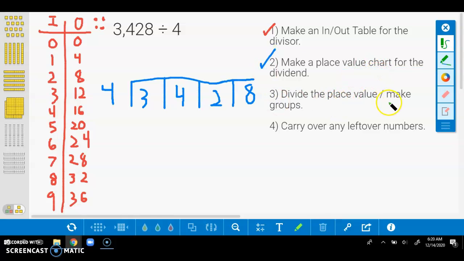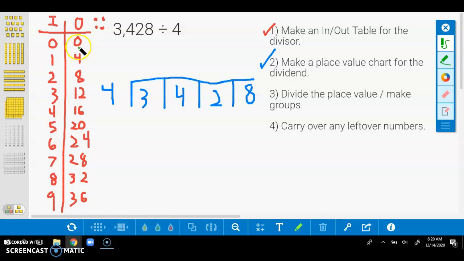Now I'm going to start dividing my place values. So here I'm looking at 3. How many groups of 4 can I make out of 3? Well, 3 is larger than 0, so I can make more than 0 groups. 4 is how many I would need for one group. I don't have enough for that.